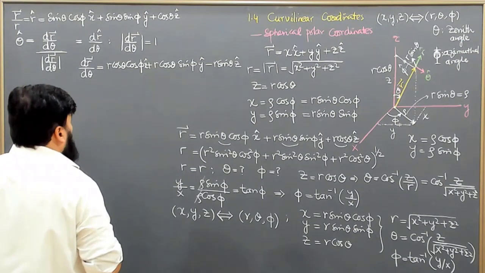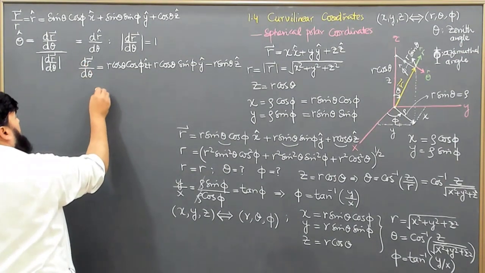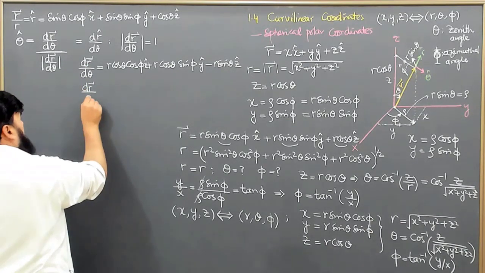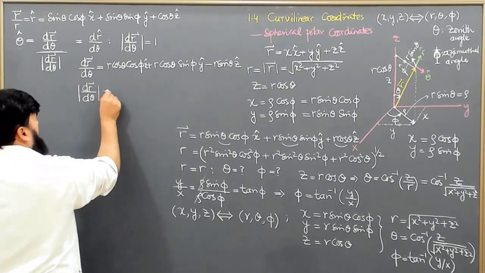Now I can square them, in order to find the magnitude of this one, dr over d theta.